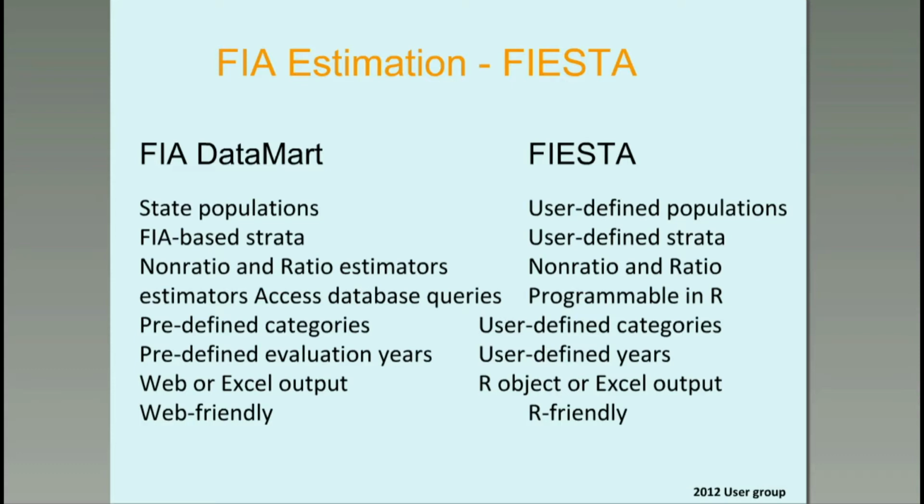DATAMART has web and Excel output, as we saw, and FIESTA you can output as an R object, so you can get the output from that and use it in some other statistical analysis using R, or dump it out as an Excel output as well. The DATAMART is web friendly. We saw it's complicated, but yet it's very effective. FIESTA, you have to know a little bit more about R and the programming, so there's a learning curve on that end of it.